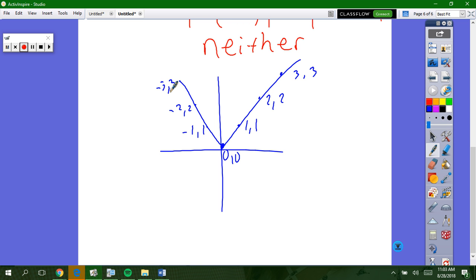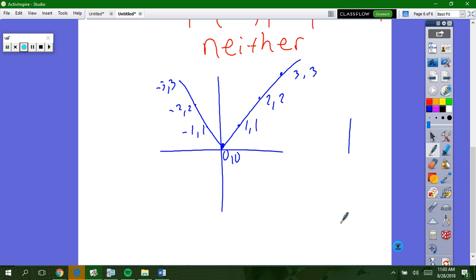Right? Let's think about what we did to check if it's an even function. We replaced our x value with negative x. So what's the opposite of 1? Does it get the same y value, or does it come back to the same function? It does. Does 2 and negative 2 get me back to the same function? 3 and negative 3? Okay.